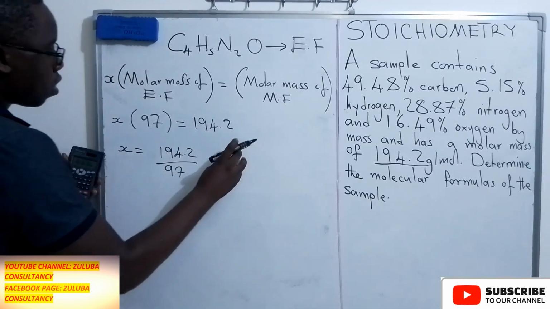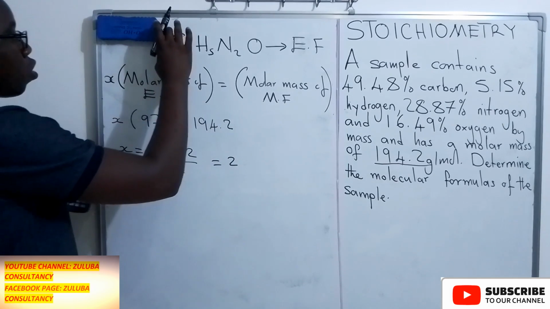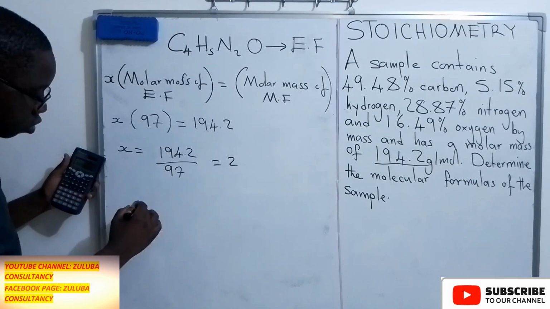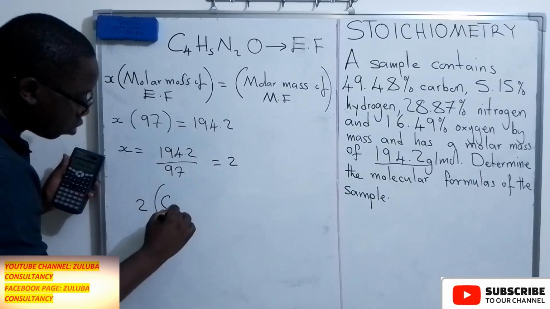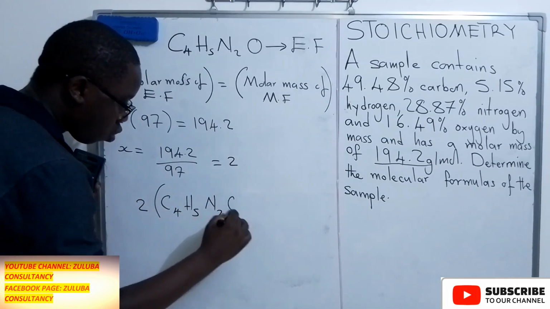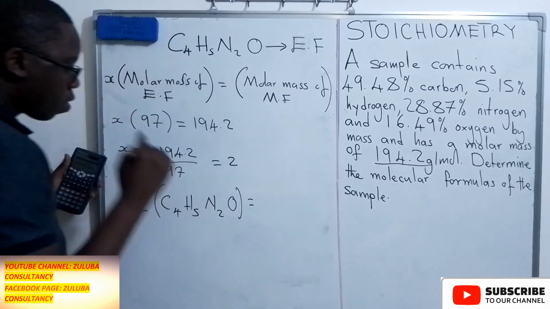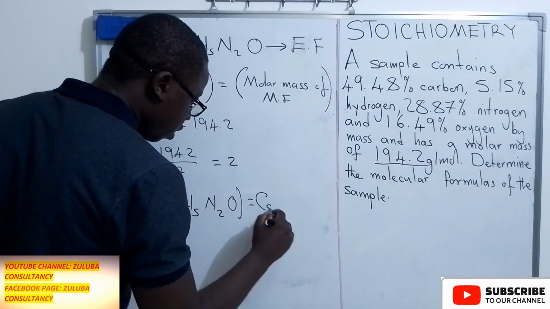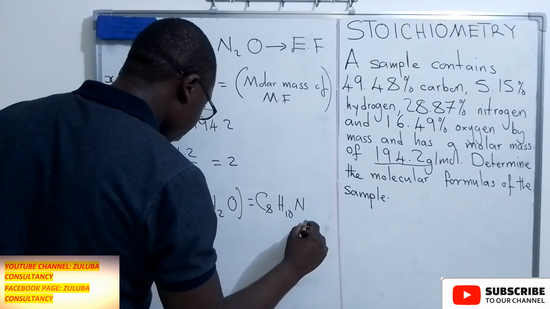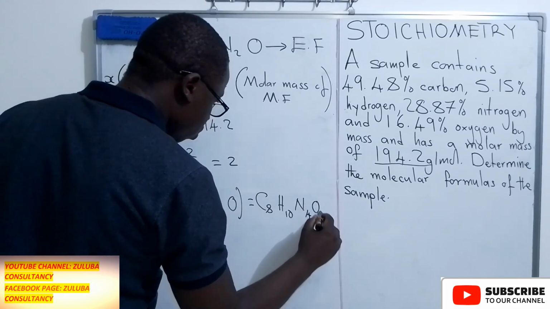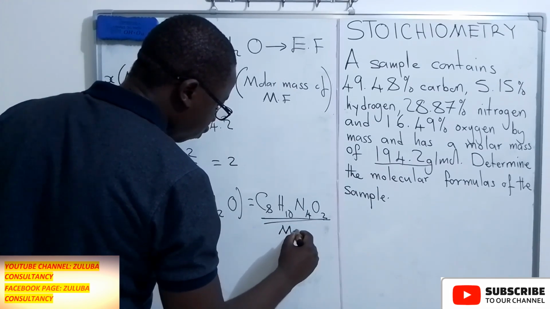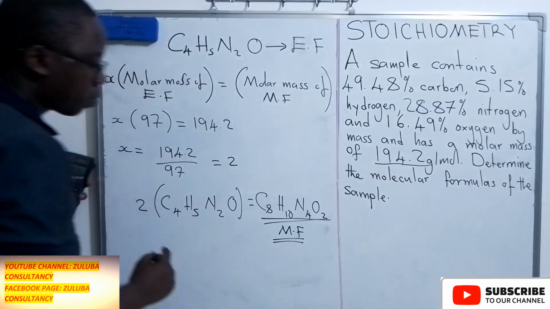So this is the ratio by which we should multiply the empirical formula to find the molecular formula. We have 2 open brackets, C4H5N2O, close brackets. This gives us the molecular formula of C8H10N4O2. So this is the molecular formula that we need to find.